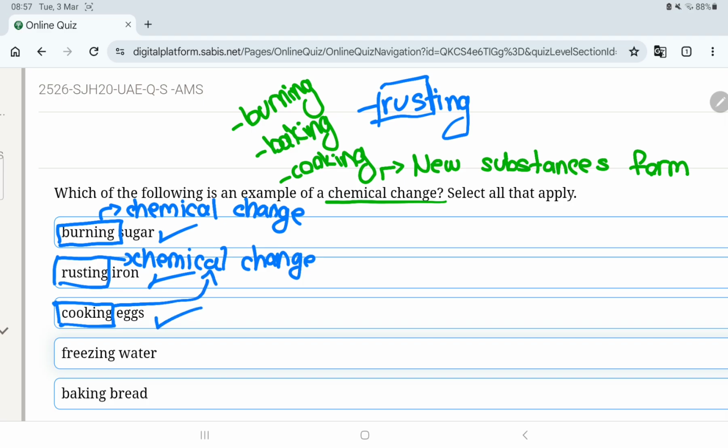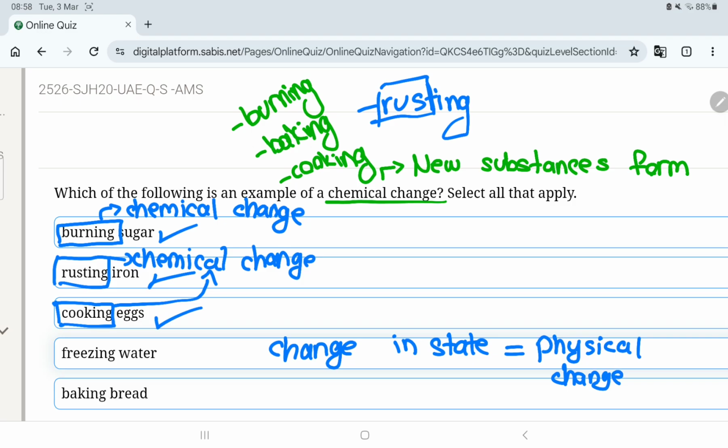So correct. Now guys, why isn't freezing water a chemical change? I am sure we said it before. Okay? A change in state, like freezing, melting, condensation, those are all physical changes. So physical change, right? Because let's say you have water, it boils, what will it be?